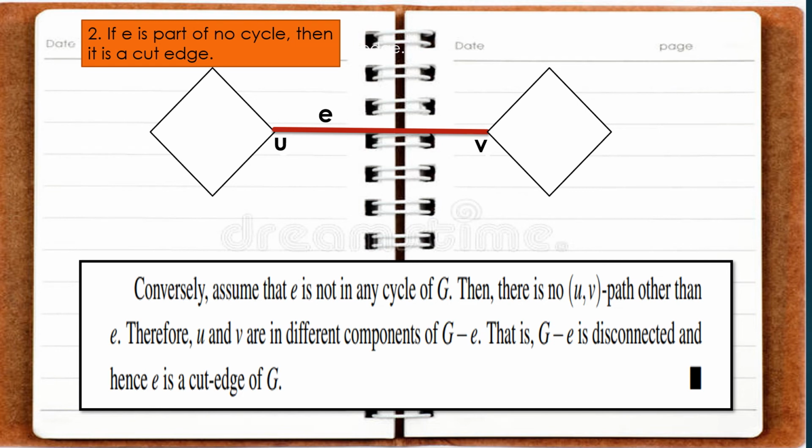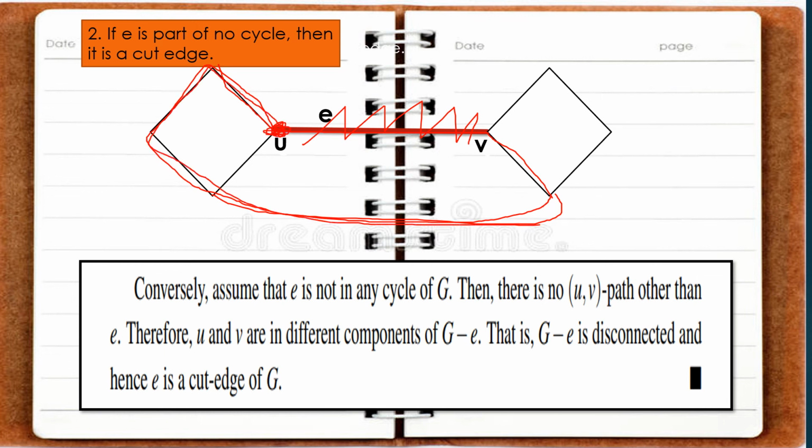Again, if E is part of a cycle, so let's say we have this one, this imaginary edge. So this is our cycle. Now, if E is part of the cycle, then when we remove E, still there is a path from U to V. That's the path, no?